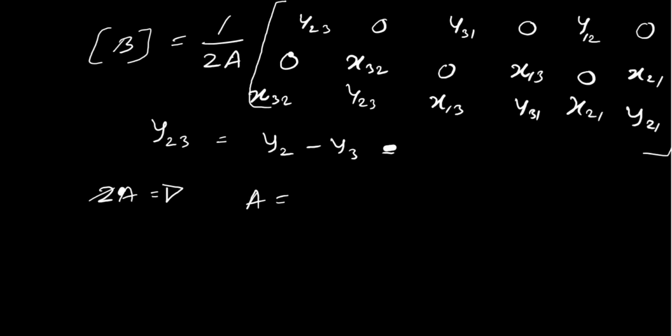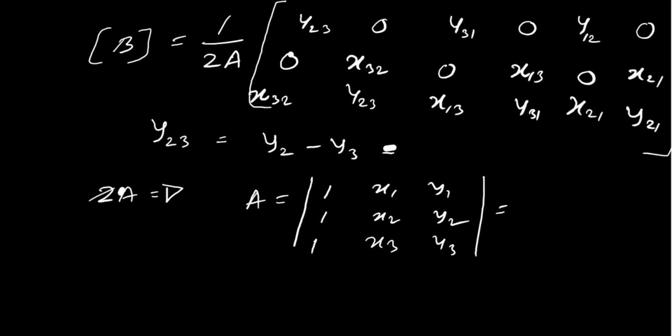Now this is a determinant of 1 x1 y1, 1 x2 y2, 1 x3 y3. So here 1, x1 value is 0, y1 value also 0. Similarly 1, x2 value is 250, y2 value is 0. 1, x3 value is 250, y3 is also 250. Now we make the determinant.